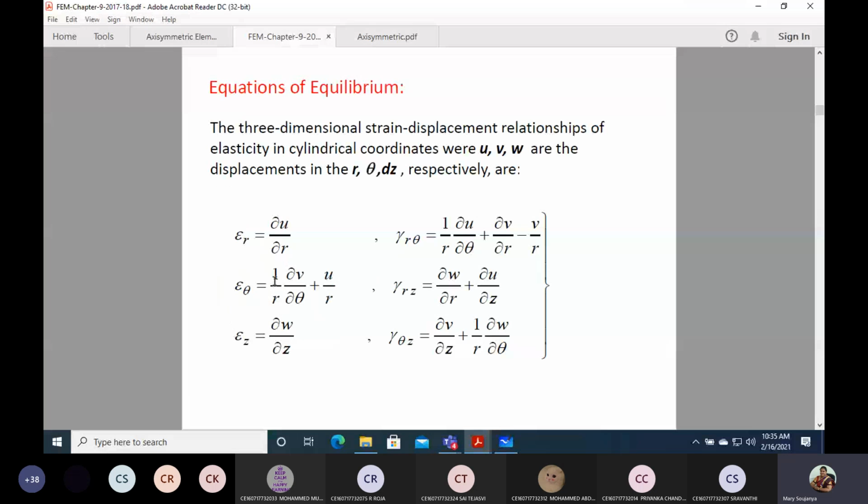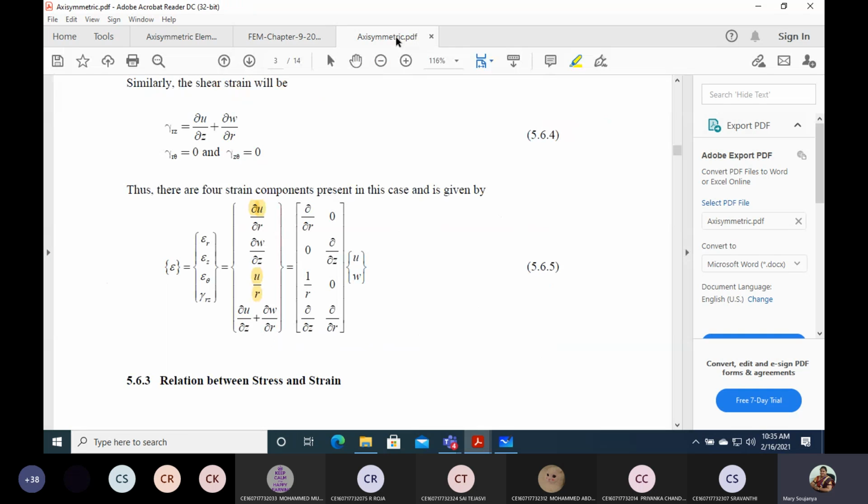What was epsilon theta? 1 by r into dou v by dou theta. The term where dou theta is there got eliminated. And what is the term we have now? u by r. That is epsilon theta.